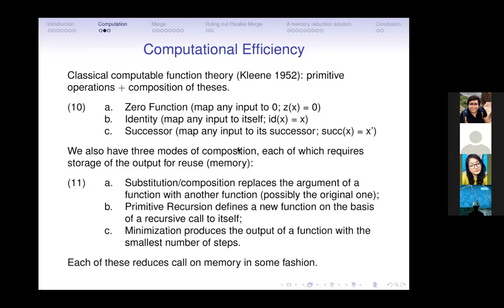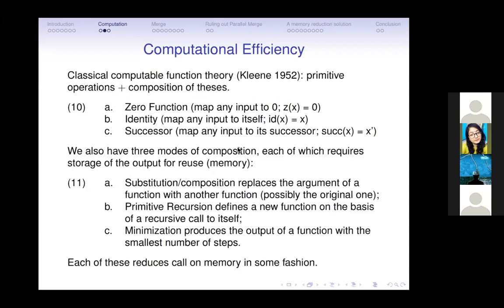And then those operations effectively can combine. So for example, you could take 0, and then you could take the successor of 0, which is 0 dash. And you can take the outcome of that, 0 dash, and then use that as the input to the successor, giving you 0 dash dash, and so on. So you can see how this composes various objects together to give you more and more and more objects.